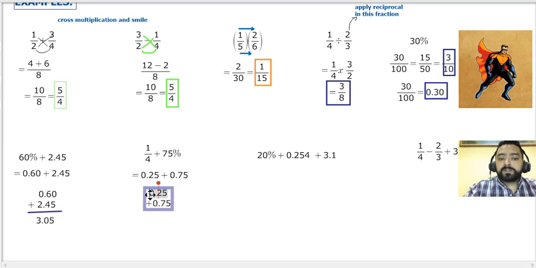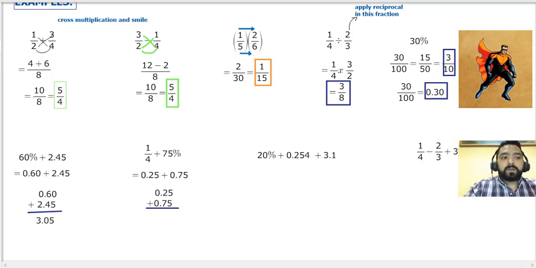So you're going to have 0.25 plus 0.75. Remember, sometimes you're going to work with the fraction because when you try to change the fraction to a decimal, you're going to have a repeating decimal. So you have to work with the fraction and not with the decimal.